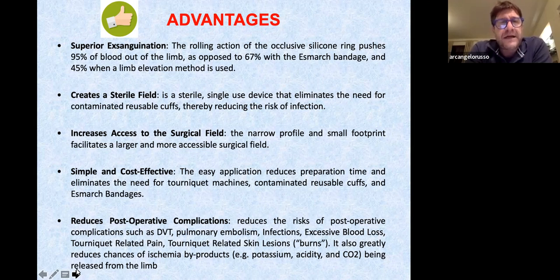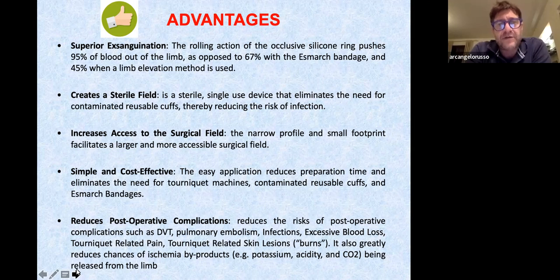It can be used in a sterile field. You can put the sterile surgery field and then put the device, sterile and single use, which eliminates the possible contamination and so the infection, reducing the risk of infection.